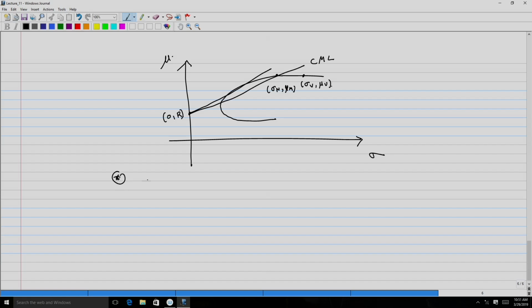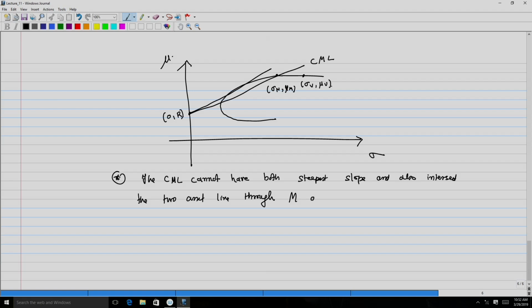So, just to recall the observation, the CML cannot have both steepest slope and also intersect the two asset line through M and V.